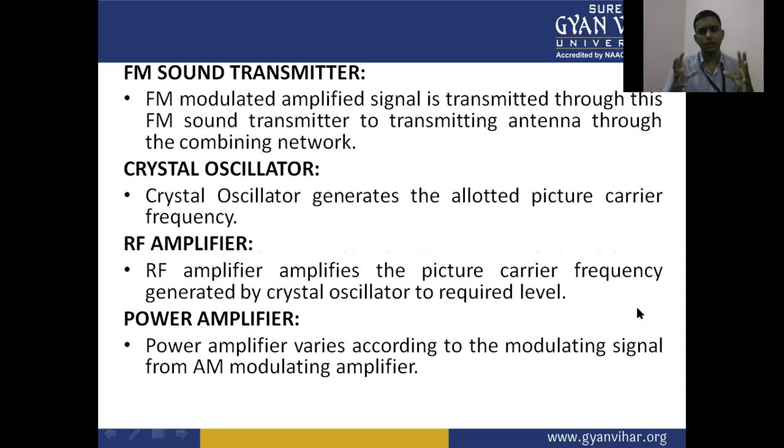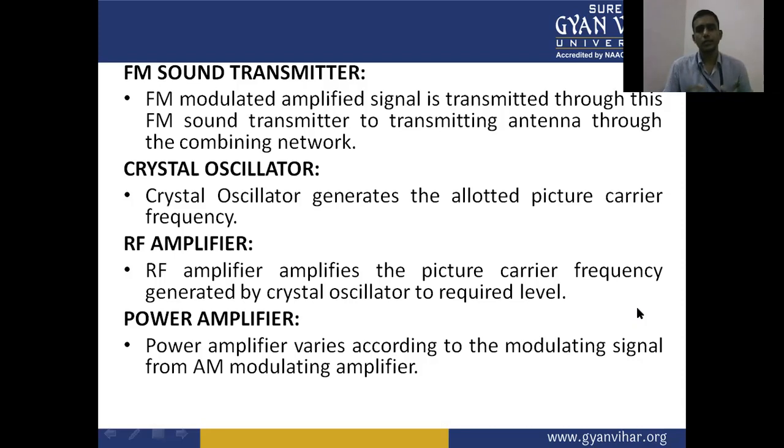In the combining network, we combine the two signals, that is the AM modulated signal and the FM modulated signal. These are combined and transmitted by the transmission section of the antenna.